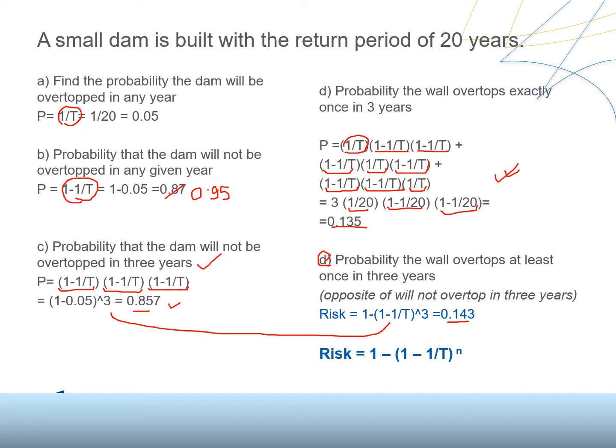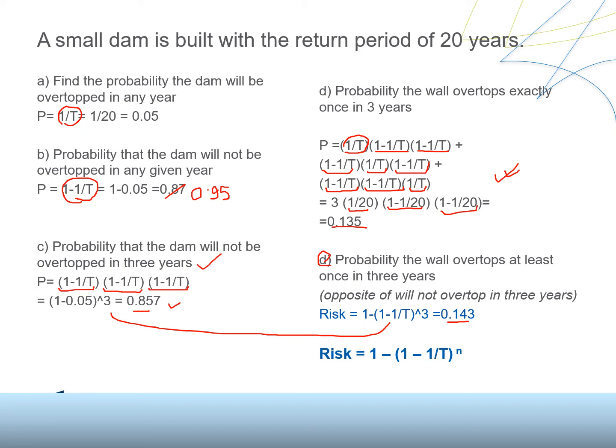It doesn't matter if the wall will be overtopped exactly once, that is not very valuable to us. What we need is the wall will be overtopped at least once in the next 3 years or next 50 years.